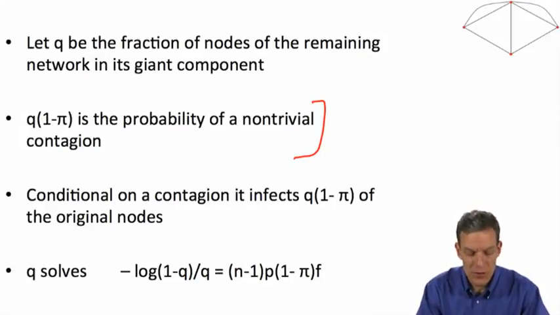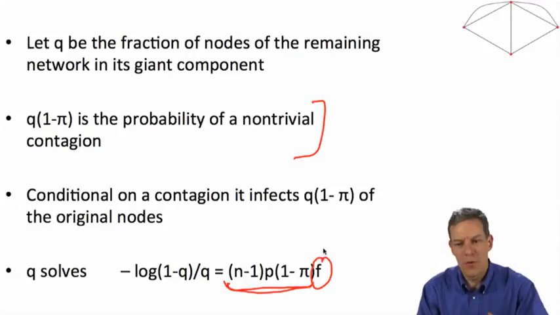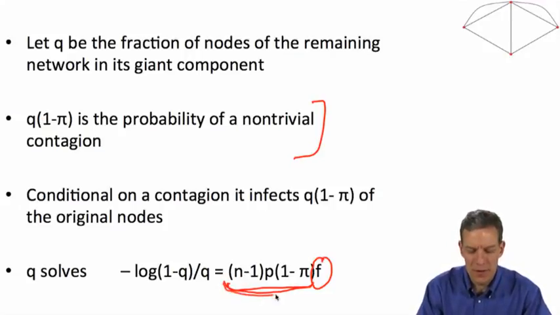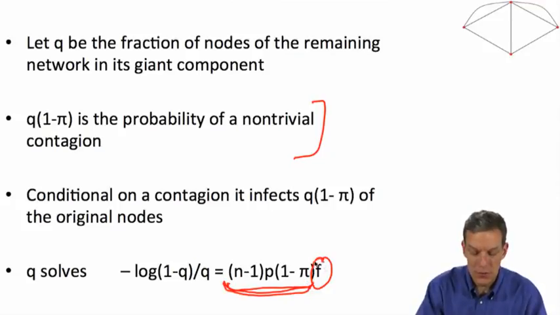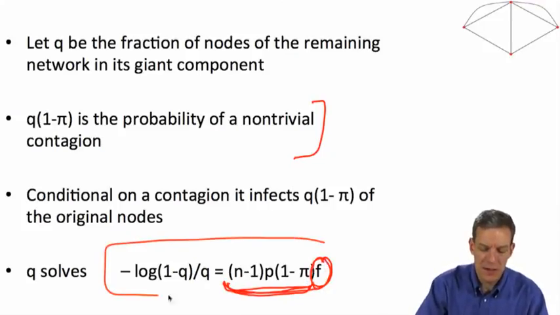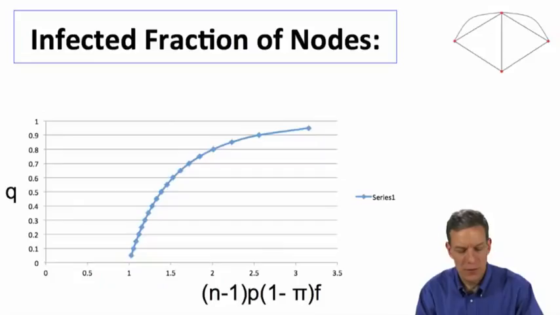So basically what we can do is just resolve the equation, where now we're going to have a lower expected degree for the individuals, given that they're not going to have as many neighbors because some of those neighbors are immune, and then also scaling down by the f. Once we've done that, we end up with basically the same exact equation, just taking these two modulations into effect.